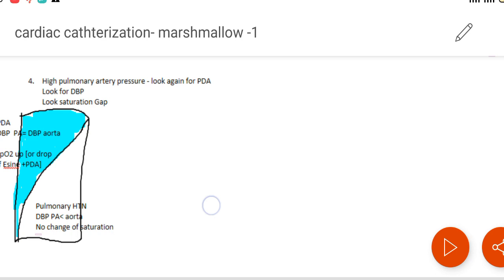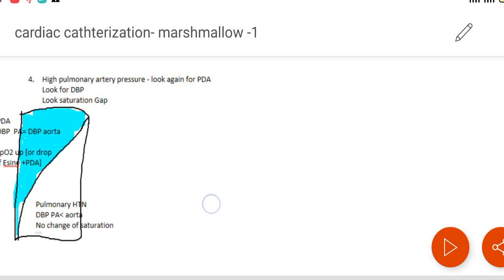Then the other point to differentiate pure pulmonary hypertension from the PDA is looking at the saturation. When there is a left to right shunting, in the early stages of the PDA, there is a saturation pickup in the right side. But with Eisenmenger occurring, that means with time when the right heart pressure is more than the left heart and the right to left shunt is occurring, there is a saturation drop in the left side.